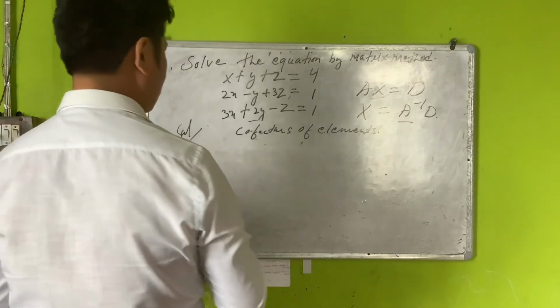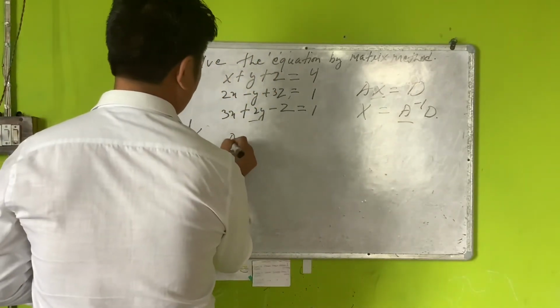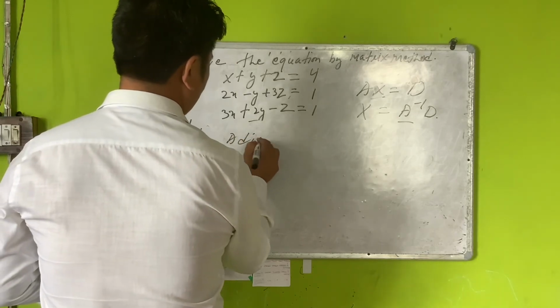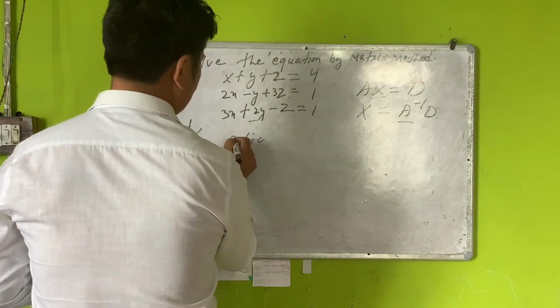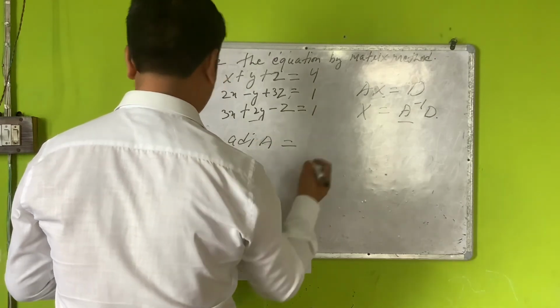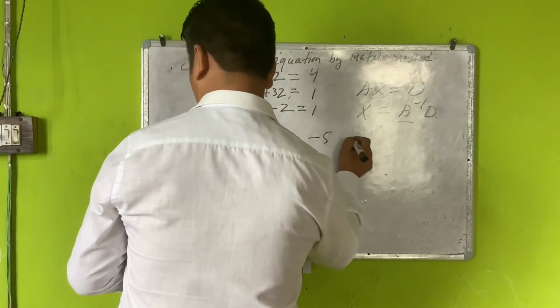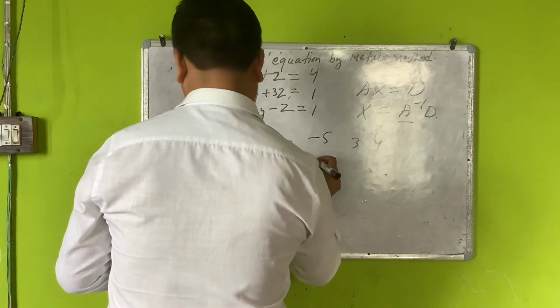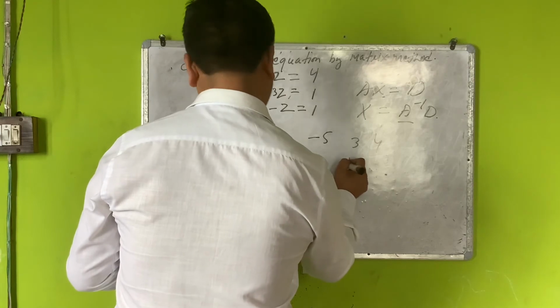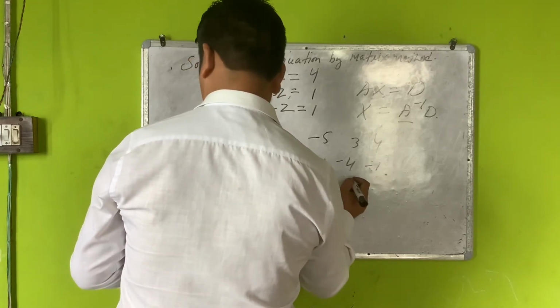Now you can find the adjoint of A. Adjoint of A is equal to the transpose of the cofactor matrix. When you transpose the cofactors, it will be minus 5, 3, 4, 11, minus 4, minus 1, 7, 1, minus 3.